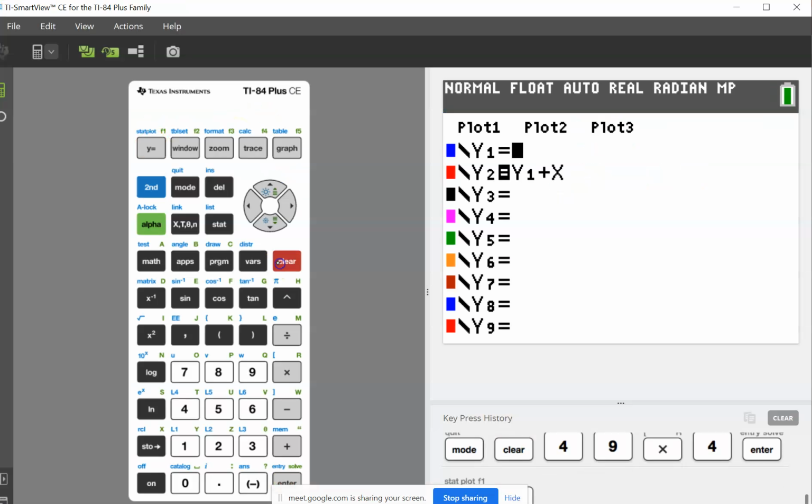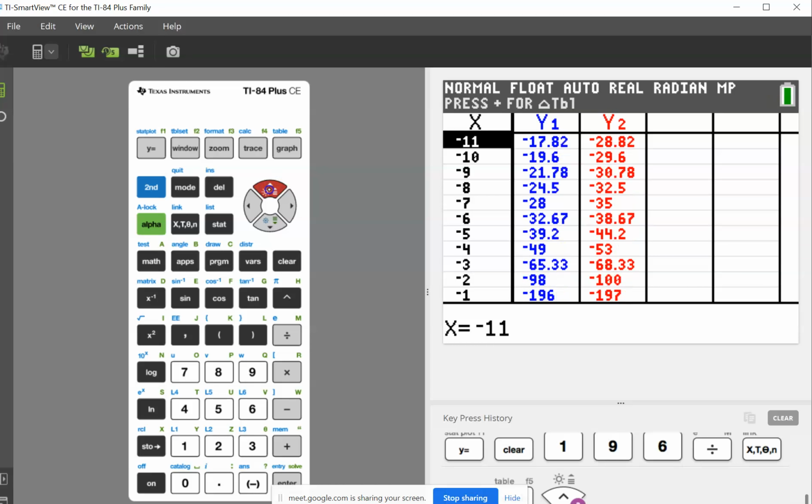So 196 divided by x, second table, we look for a negative 28. I still need to keep scrolling a little bit more, a little bit more. There we go. We have it.